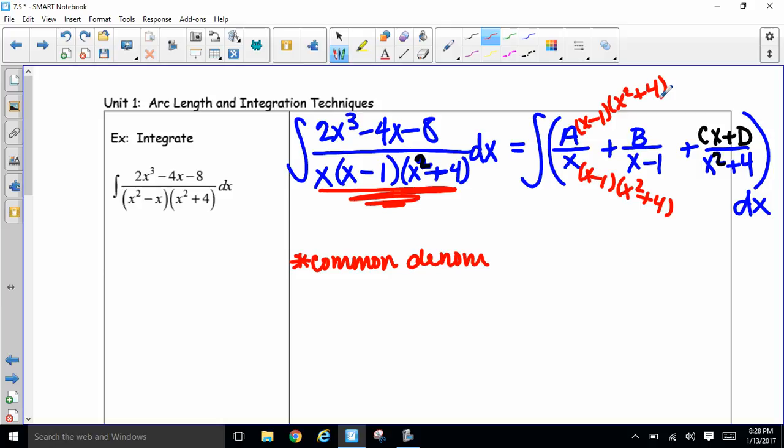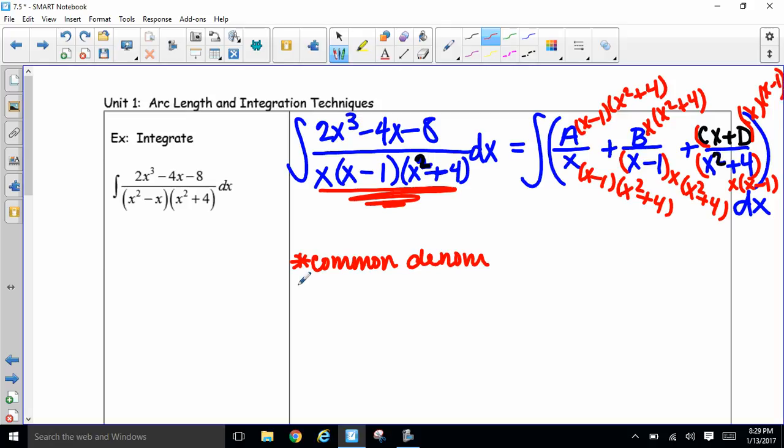What's missing from the B term? So the x minus 1 also needs an x, and it needs an x squared plus 4. And this gets kind of crowded. And then what's missing from the last one? Well, it's missing the x, and it's missing the x minus 1. So Cx plus D goes in parentheses, times x minus 1.